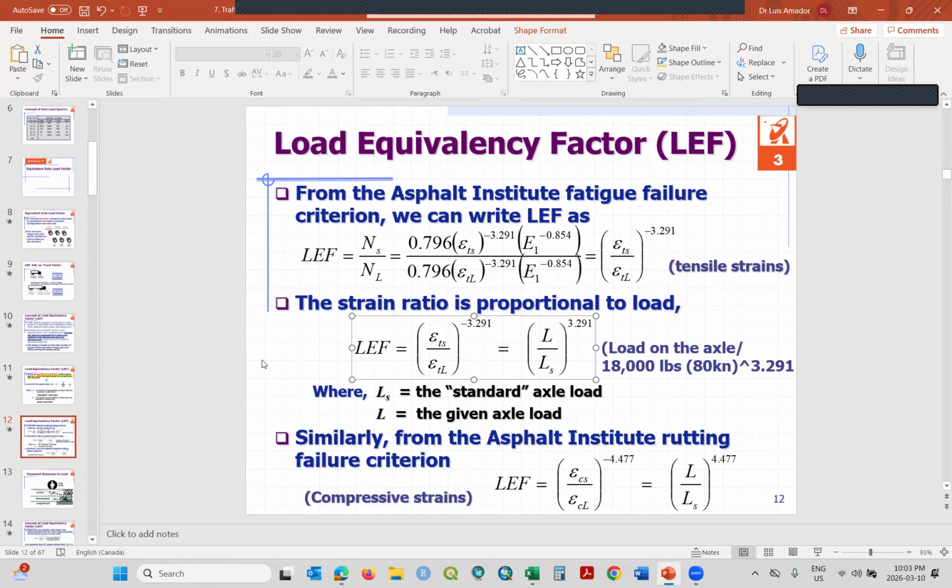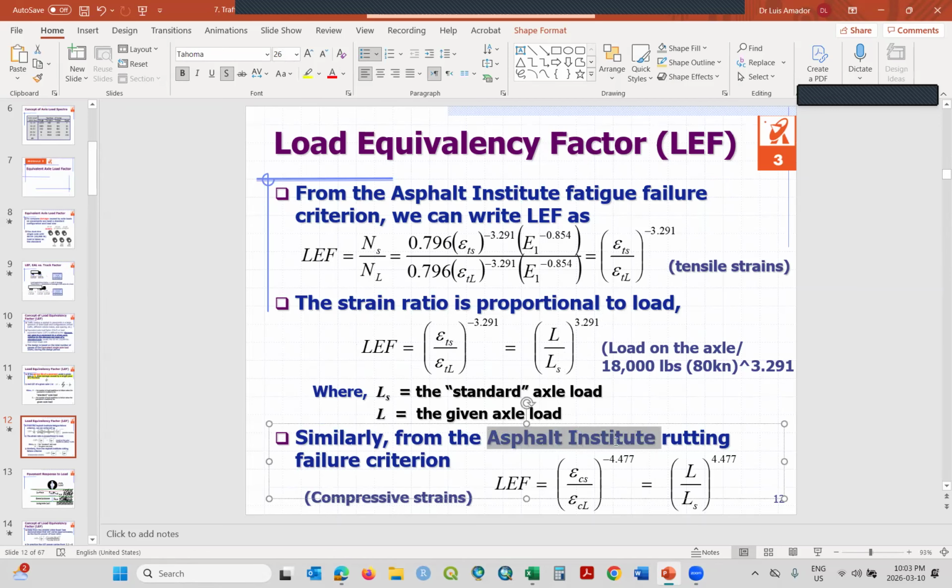I'm not going to go into the exact demonstration of this, but this is the type of equation that was utilized. The Asphalt Institute also established one for damage based on rutting, and they established one for damage based on fatigue failure. This is due to cracking.